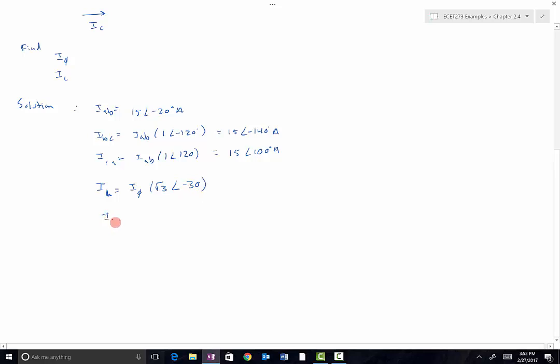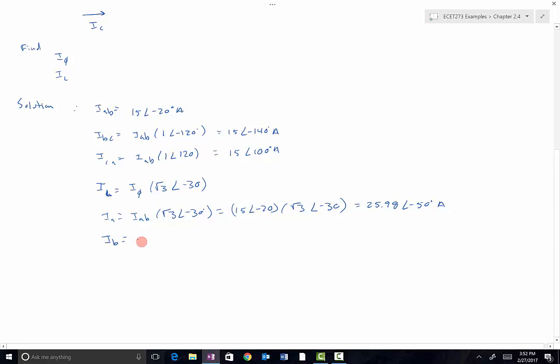So IA is going to be equal to IAB times root 3 angle negative 30 degrees. And that's going to be 15 at an angle of negative 20 amps times root 3 at angle negative 30. And so that's going to give me 25.98 at an angle negative 50 degrees amps.